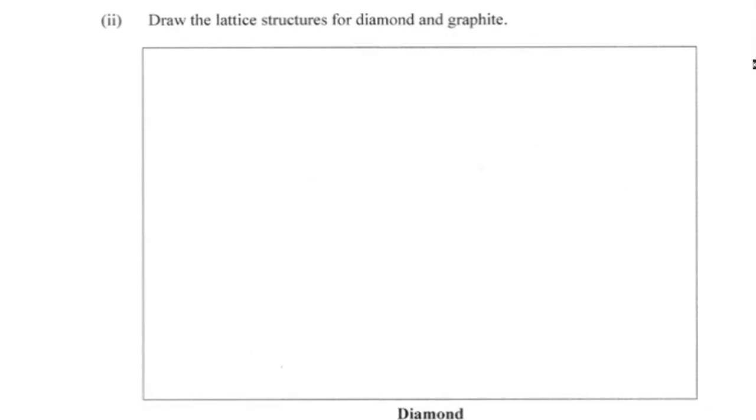Part 2 of A for number 4. Draw the lattice structures for diamond and graphite. All right, so for diamond, we can just do it simply. I'll just do the little that I learned some years ago. So we have one carbon bonded to 4 others.